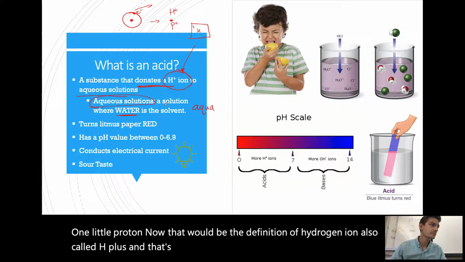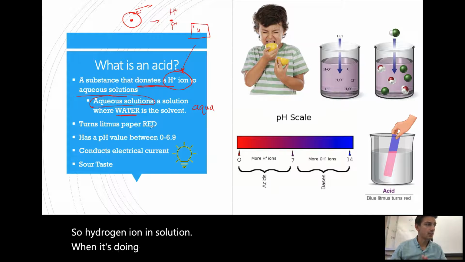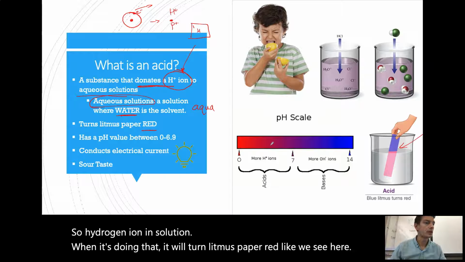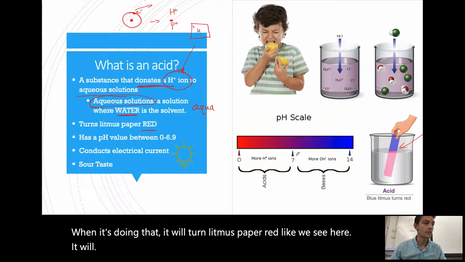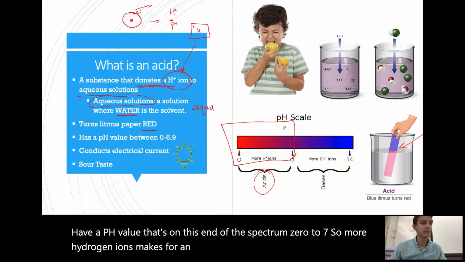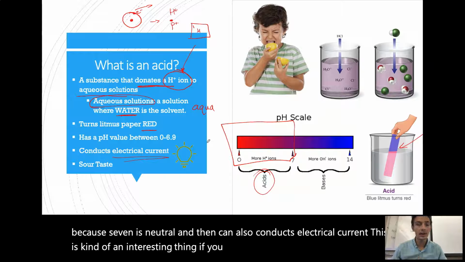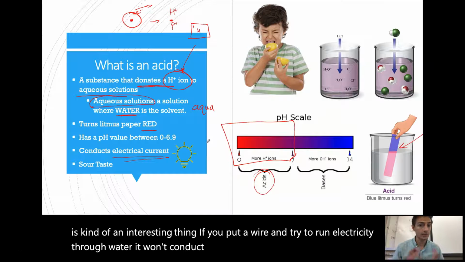So a hydrogen ion in solution, when it's doing that, it will turn litmus paper red, like we see here. It will have a pH value that's on this end of the spectrum, 0 to 7. So more hydrogen ions makes for an acid, anywhere from 0 to 7 or 6.9 really, because 7 is neutral. And then also conducts electrical current. This is kind of an interesting thing. If you put a wire and try to run electricity through water, it won't conduct electricity if they don't have any dissolved ions in there.